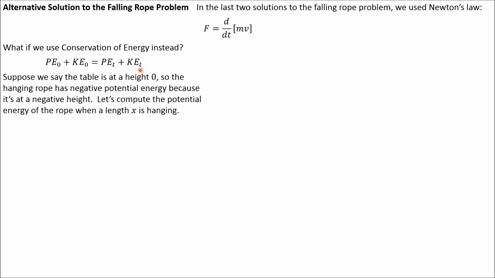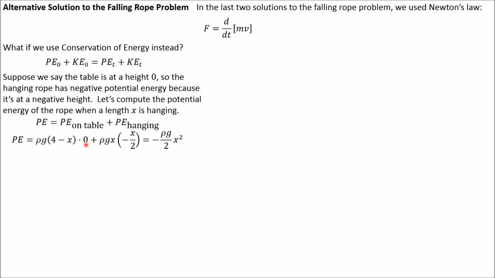So let's say that the table is at height 0, and that means that if the rope falls down, then it's considered to have negative potential energy because it's at a negative height. And let's compute the potential energy of the rope when a length x is hanging. So the total potential energy of the rope is equal to the potential energy of the rope sitting on the table plus the potential energy of the rope that is hanging.